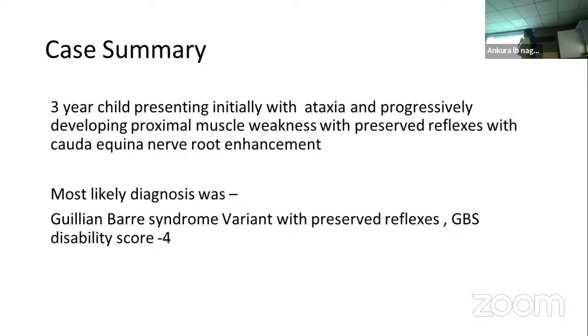Summarizing, the 3-year-old child presented with ataxia and progressively developing proximal muscle weakness with preserved reflexes and MRI showing cauda equina nerve root enhancement. Most likely diagnosis is Guillain-Barré syndrome variant with preserved reflexes and GBS disability code.